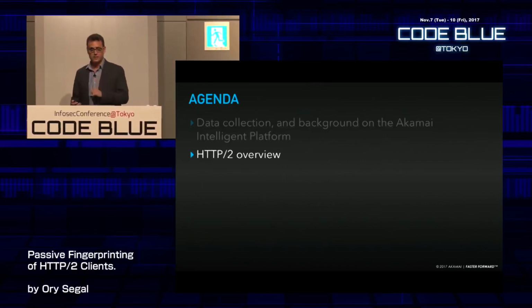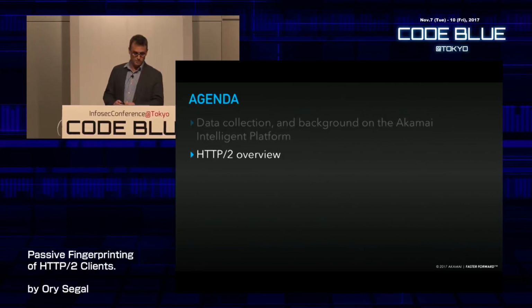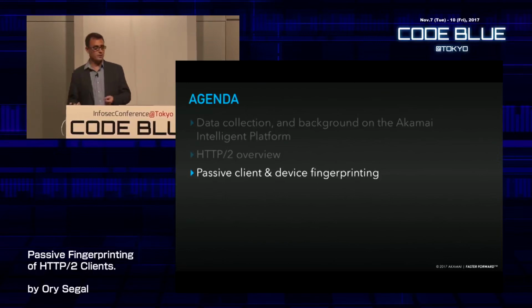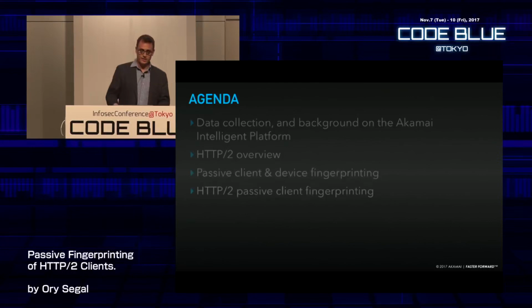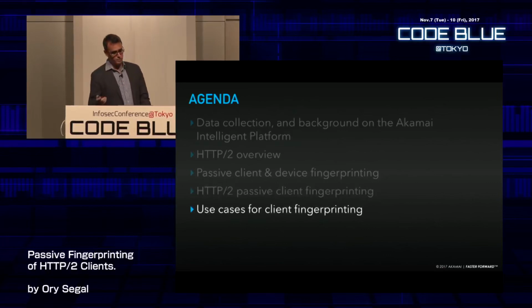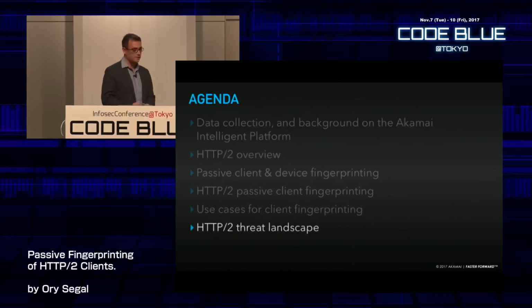Actually, that will take us through most of the presentation. Then we'll talk about passive client fingerprinting, what it is, why people use it, and how we do that today. And then we'll talk about how we do passive fingerprinting using HTTP2 client attributes and features. We'll talk about the use cases for this fingerprinting. And then we'll wrap up with a quick overview of the threat landscape.